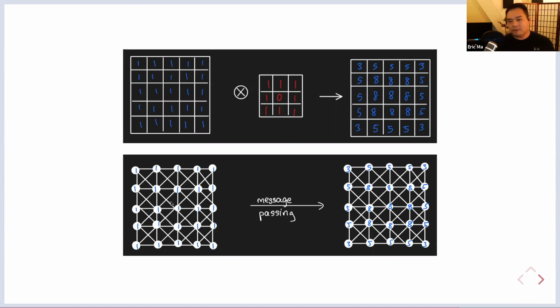And if you do a simple message passing operation on this grid over here, you will get the exact same result as a convolution with that particular filter. So I put it to you, there's some really, really cool connections between these two ideas, really fun stuff.